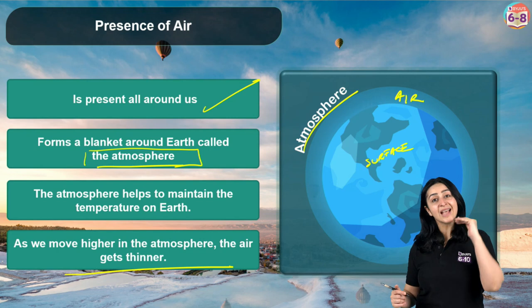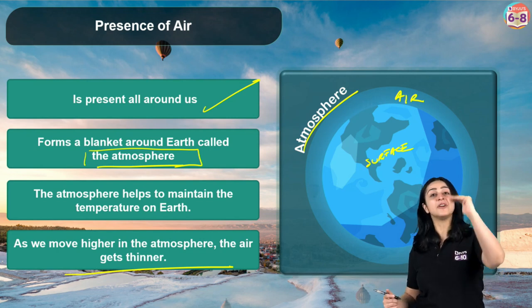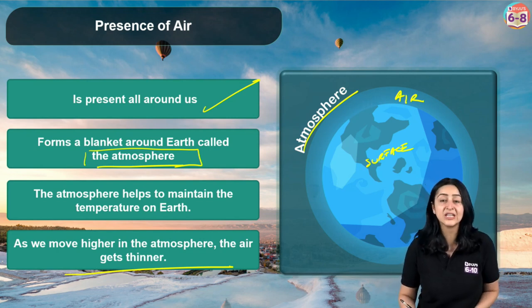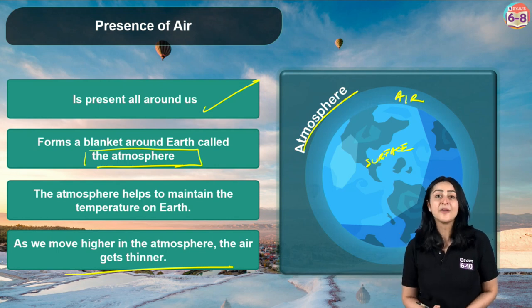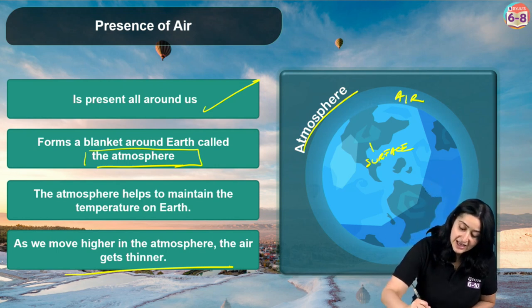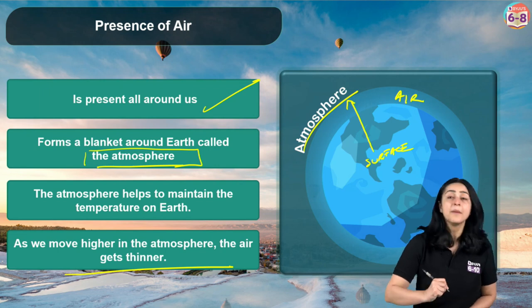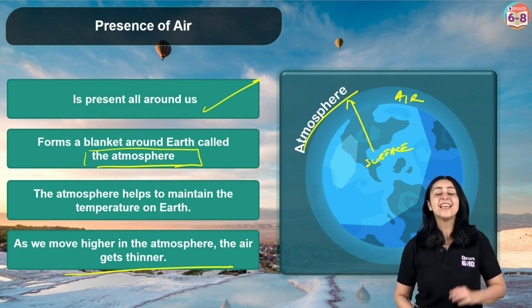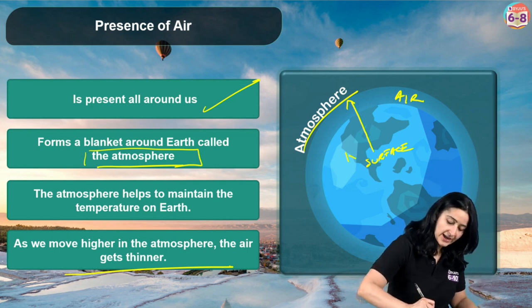Now, what is happening as you move further and further away from the surface of the earth? This blanket of air basically starts getting thinner and thinner, right? So, as you go up, it gets thinner.